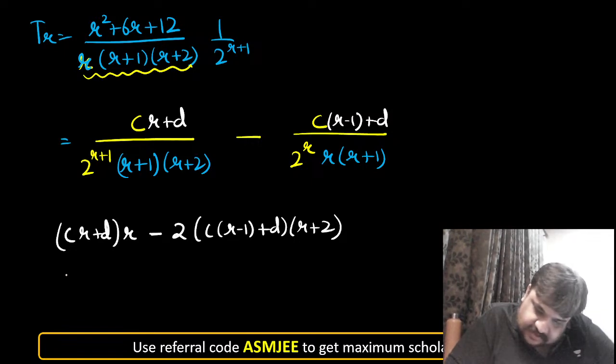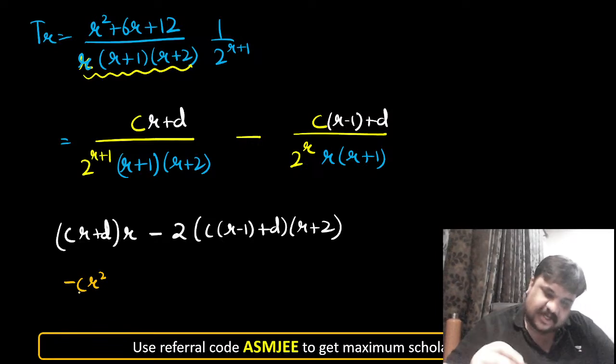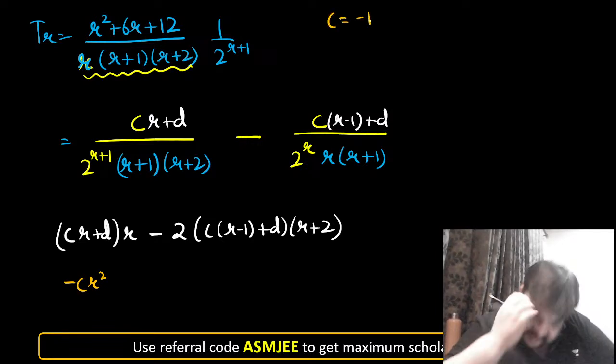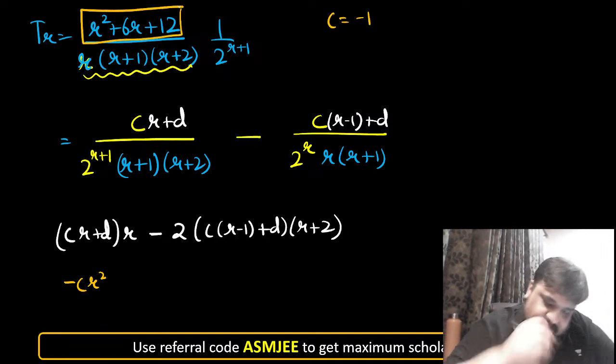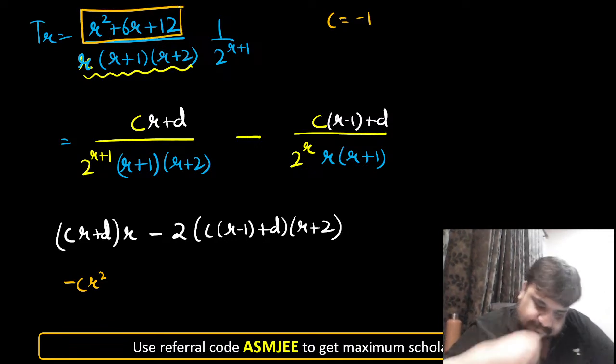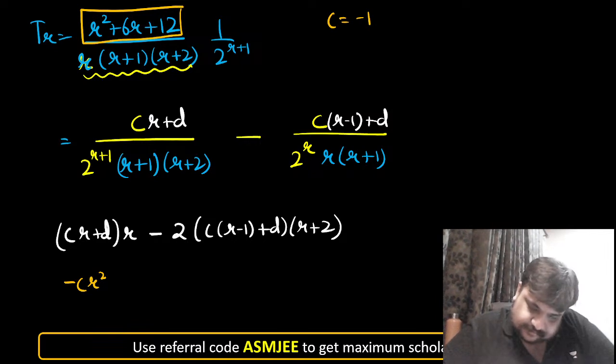So CR square minus CR square is coming. So C comes out to be, I think, C will be minus 1. It should match this, right? Coefficient of R, let's see.